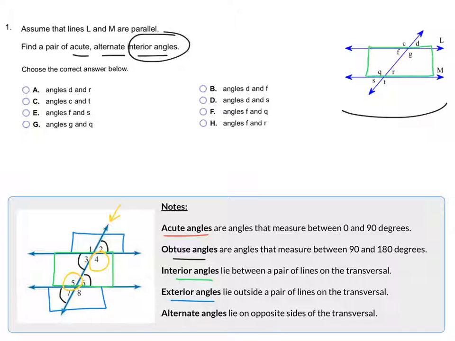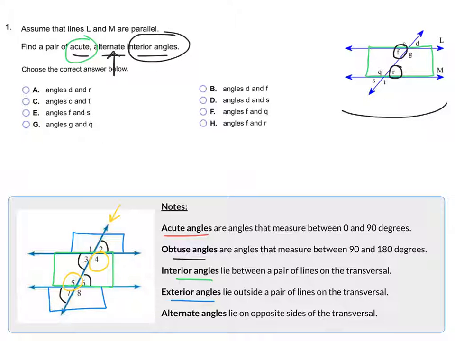From here, I want to find acute angles. So if we go back to our diagram, remember acute angle is less than 90 degrees. So we have F, which is an acute angle, and R, which is an acute angle. G and Q are obtuse, so we will not circle those. Our last piece is we want to make sure that those angles are alternate.